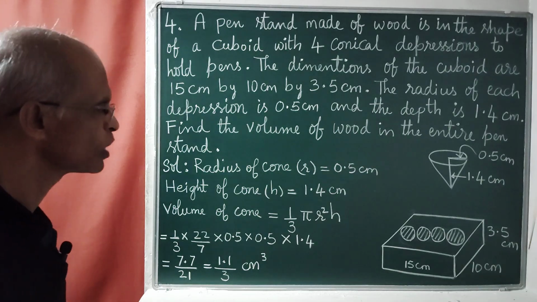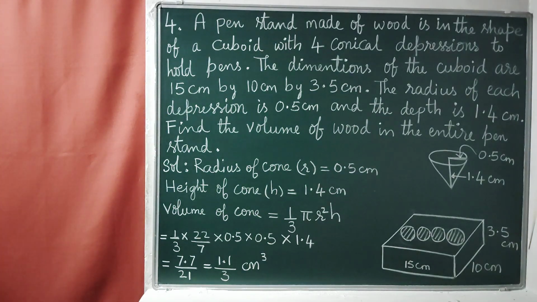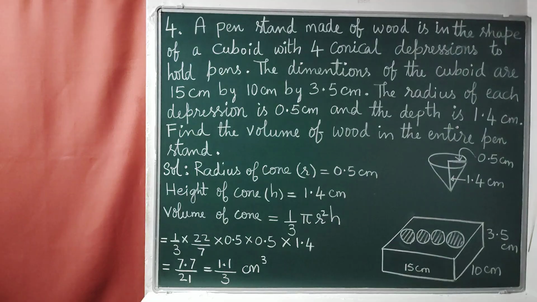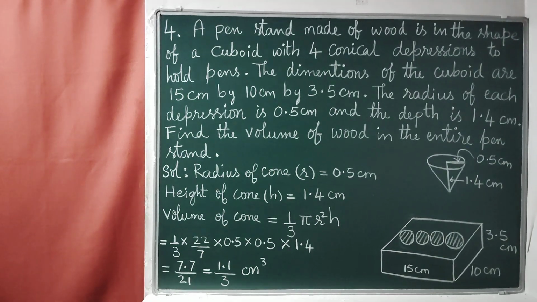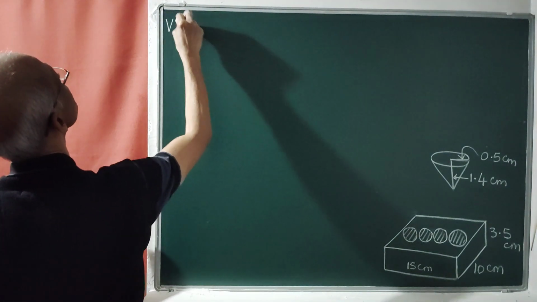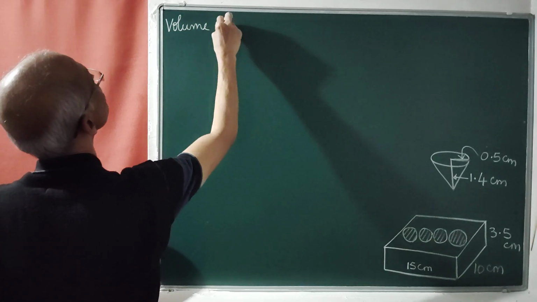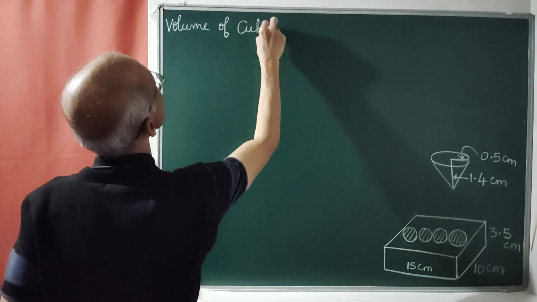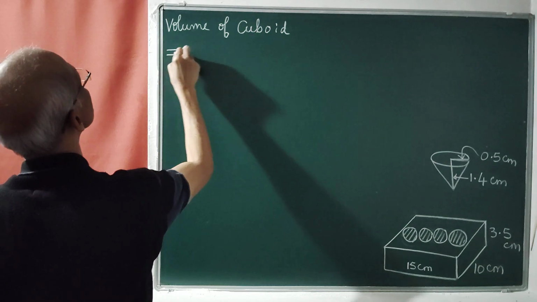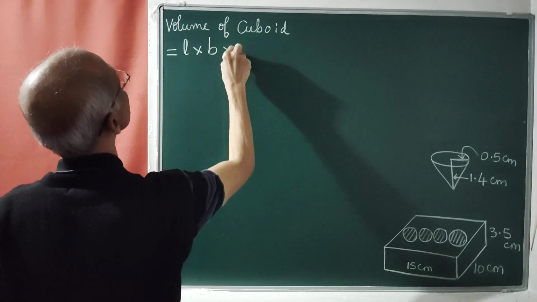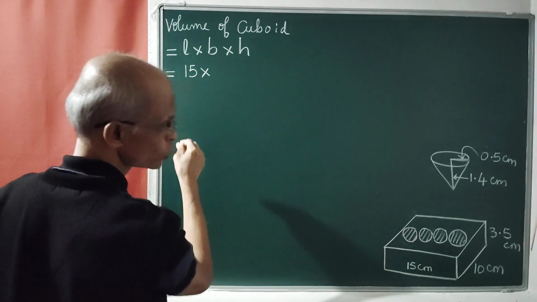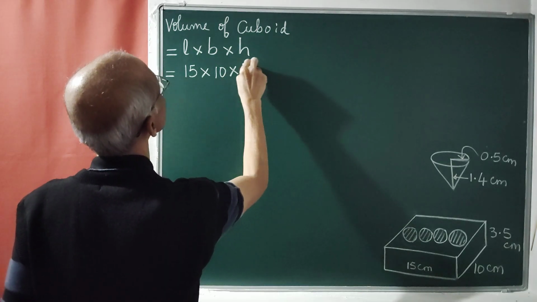Now next we will find out the volume of the cuboid. So volume of cuboid is equal to L into B into H. That's equal to L is 15 into 10 into 3.5.